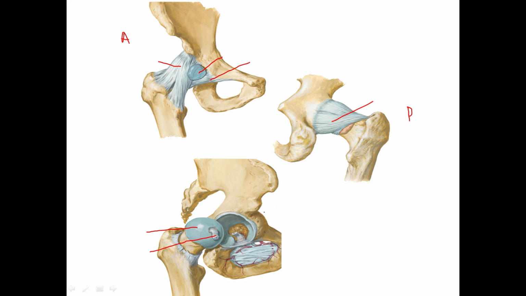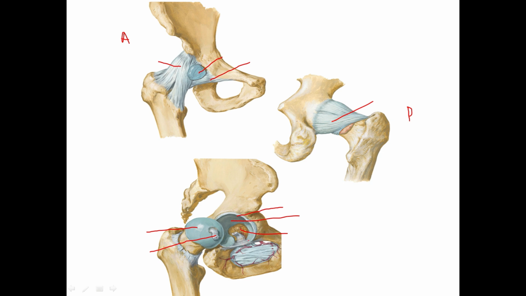The next one, in the acetabulum we are having the lunate surface, which is also the hyaline cartilage, and outside here there is the acetabular labrum, that is the fibrous cartilage. Inside here, the acetabular fossa, we can see the fat there in the acetabular fossa.